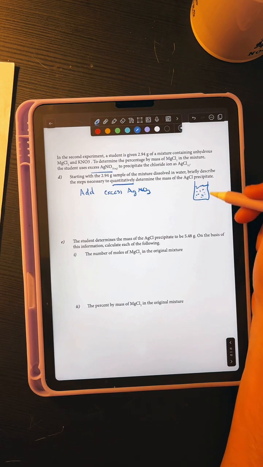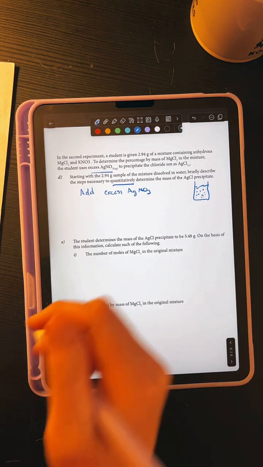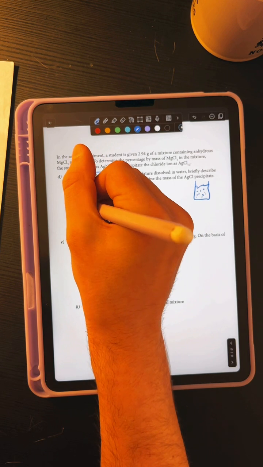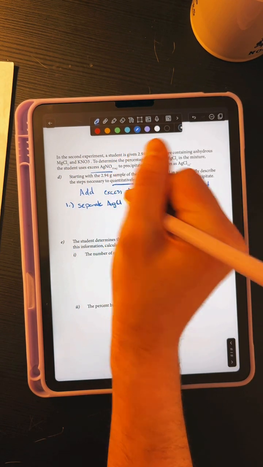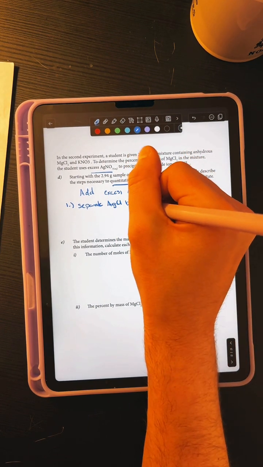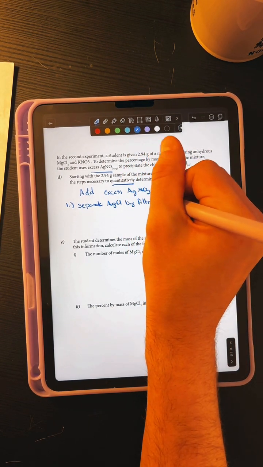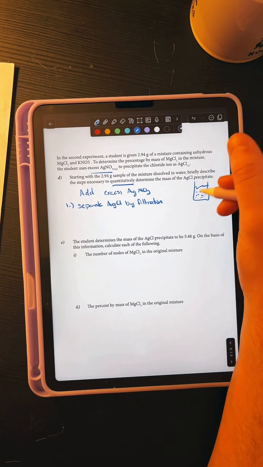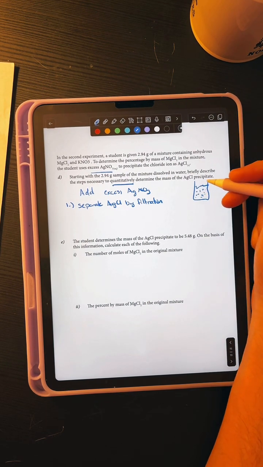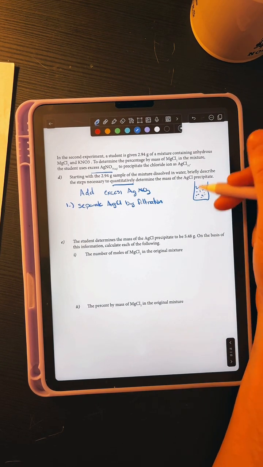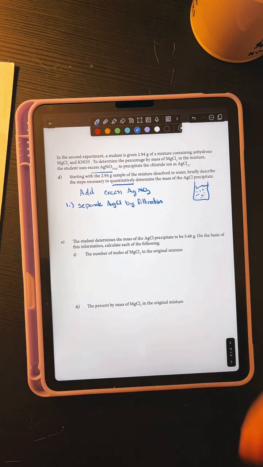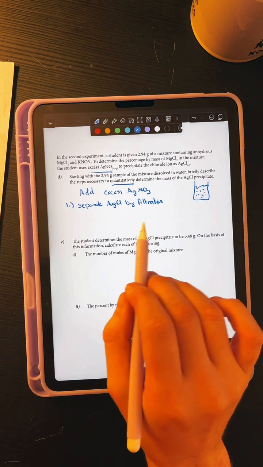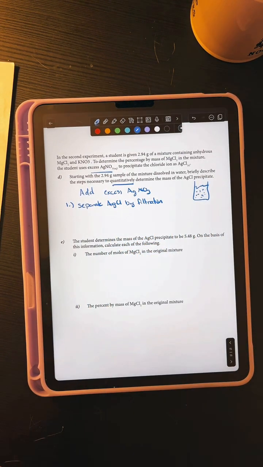Now, how do we get rid of that solid? Well, the first thing we're going to do is separate that solid AgCl that we're forming by filtration. It'll separate all of the solid from the liquid. So we use some sort of filter paper, and it'll be filtered out, so we'll just have the solid.